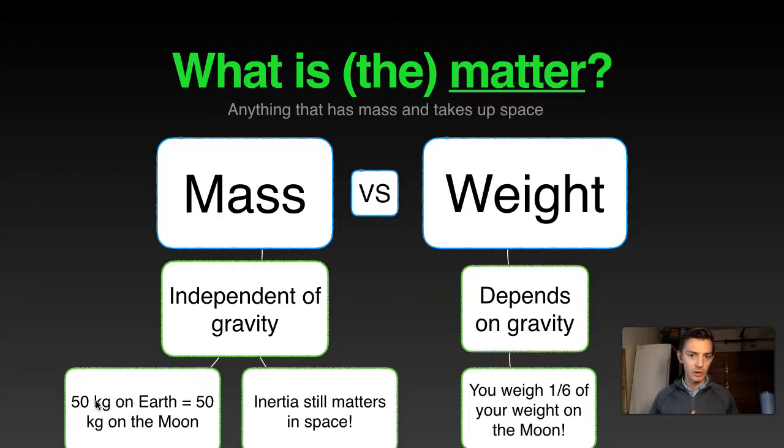How do you measure it? Well, you'll weigh a sixth of what 50 kilograms would weigh on planet Earth. You could cut that into a sixth, and that's about what you would feel like on the moon. So that is how weight and mass are different.